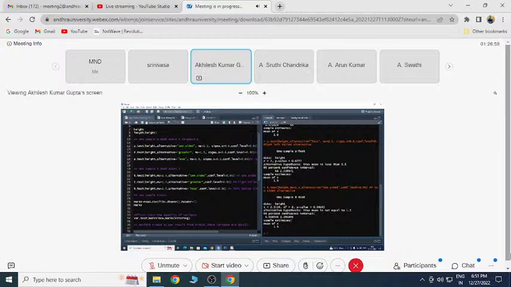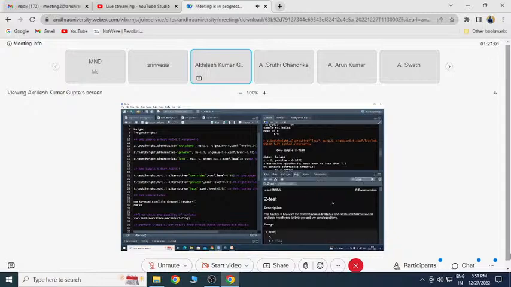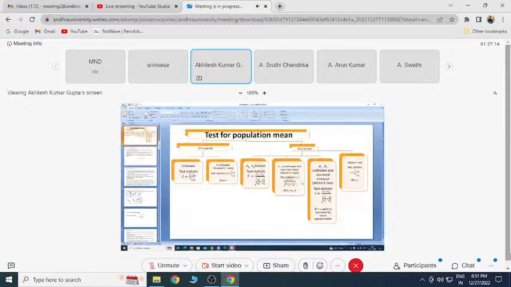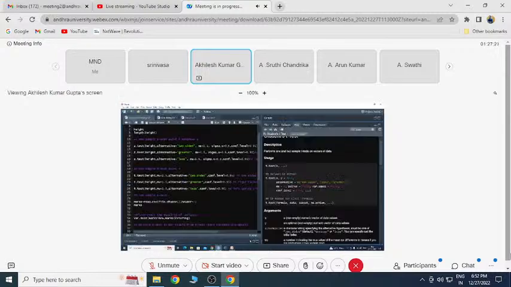The t-test is a very basic command, and it is a very powerful command. This is the only command you require for any type of mean testing, for all these four types of sigma unknown situations. You only require t-test.